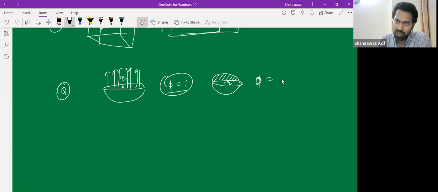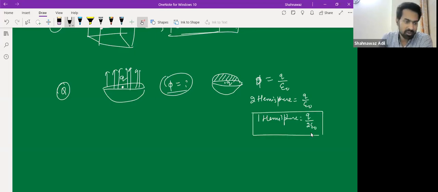Q by epsilon naught. And these are two hemispheres, so two hemispheres give Q by epsilon naught. So one hemisphere would give me Q by 2 epsilon naught. Understood, guys?